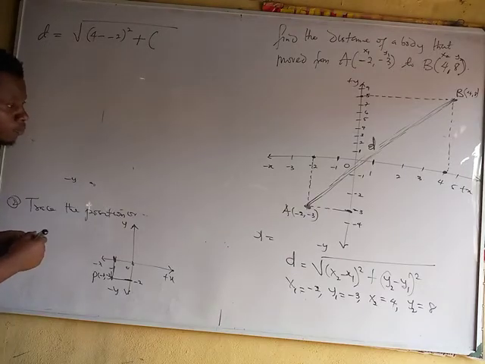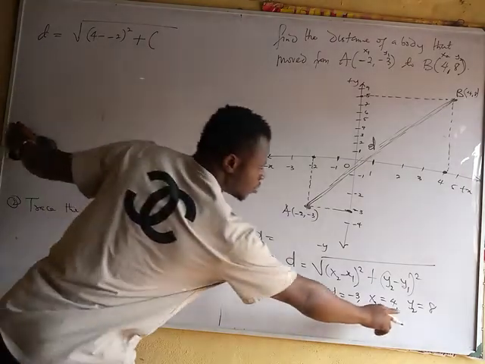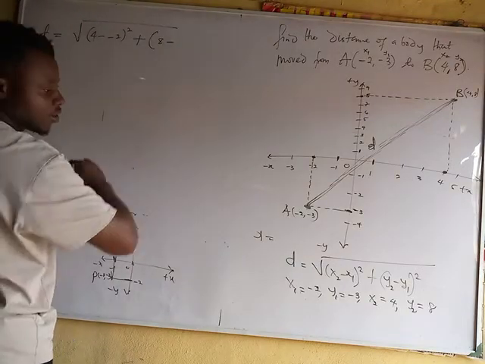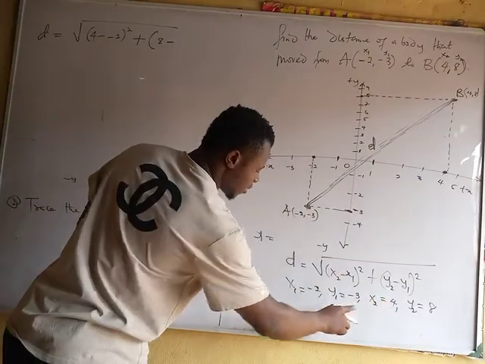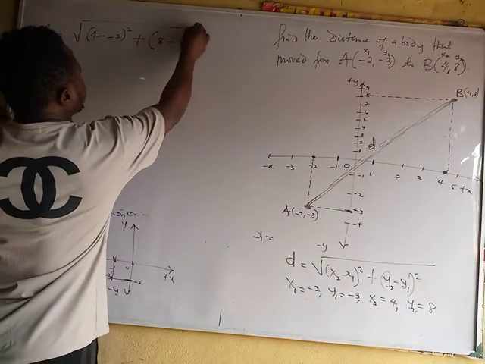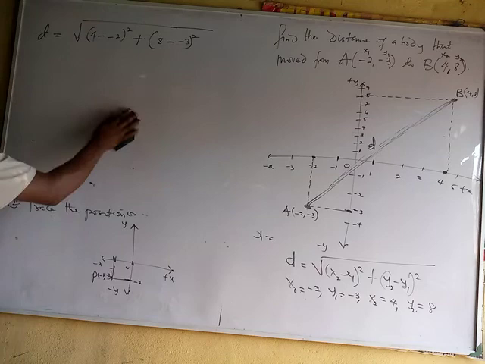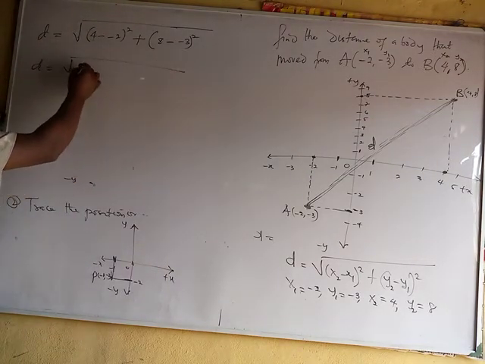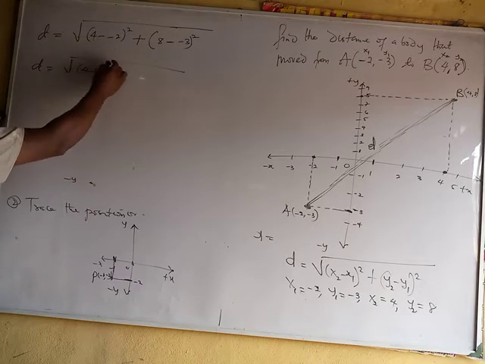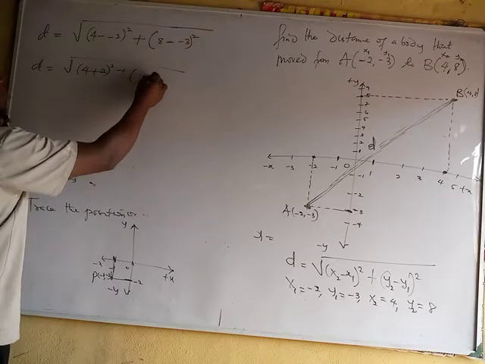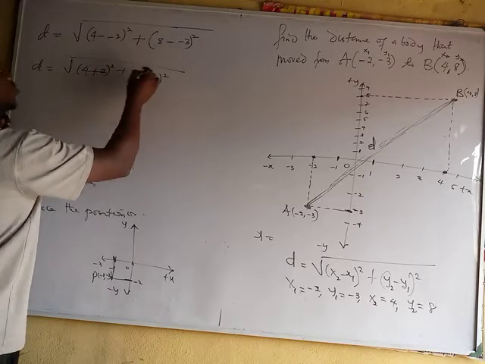Our Y2 is equal to 8, minus, our Y1 is equal to minus 3, all square. So in this case, our distance is equal to square root of, we have 4, minus times minus is plus, we have 2, all square, plus 8, minus times minus is plus, we have 3, all square.